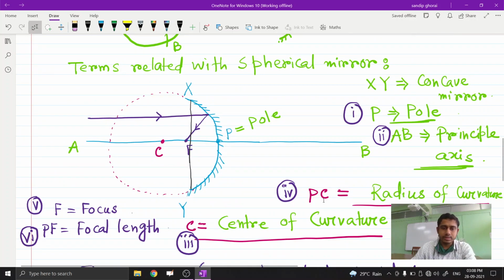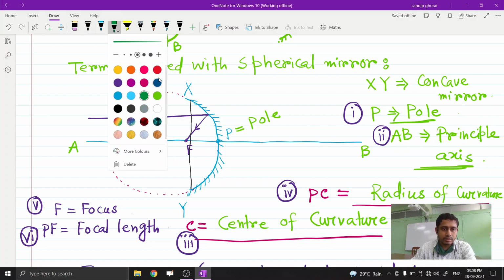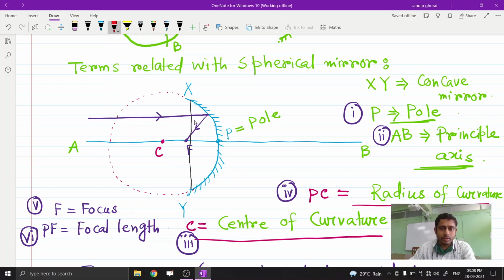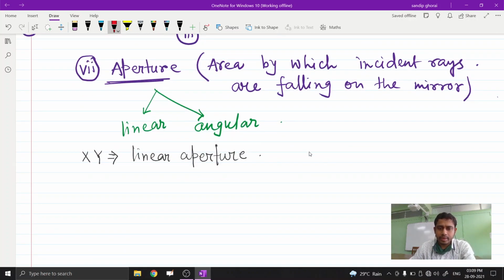Angular aperture means when we connect X to C and C to Y, the angle subtended at the center of curvature by the diameter of this mirror, this angle theta, is called angular aperture.